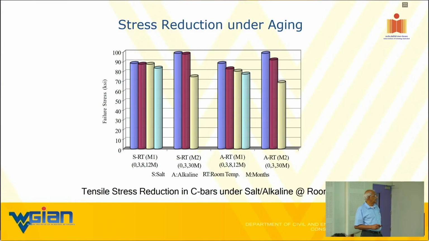So here you can see salt water room temperature, alkali conditions at room temperature for different months. So what we are showing is up to 30 months. And you can see that under alkali condition, with the far right bar diagram, what is it telling us? I lost about 32% of this strength.